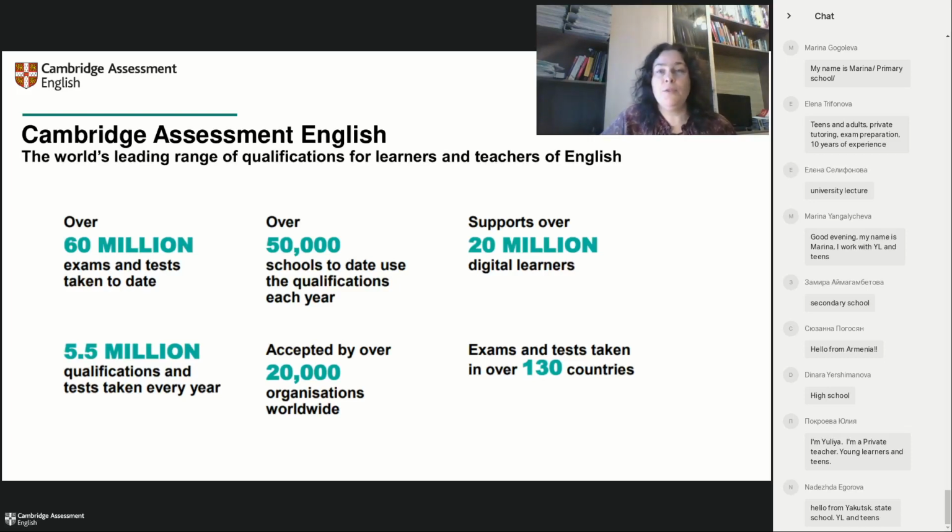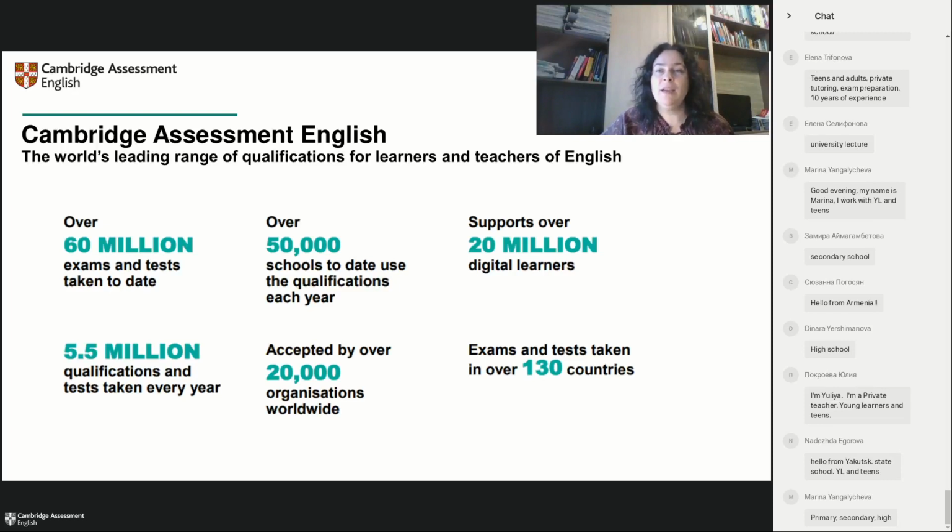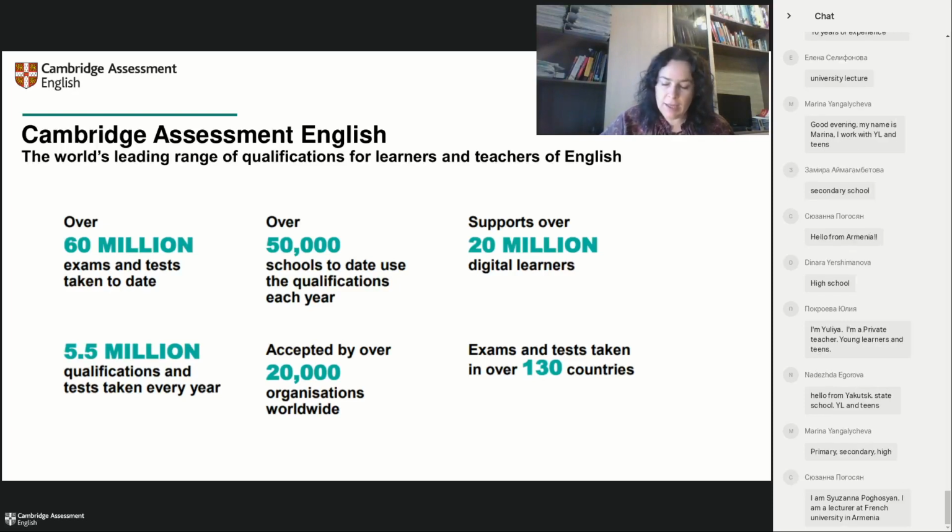The range of qualifications is huge, and it is impressive that they've been running different tests since the beginning of the previous century, 1913, I think. Of course, they're famous for the quality of the services they provide.